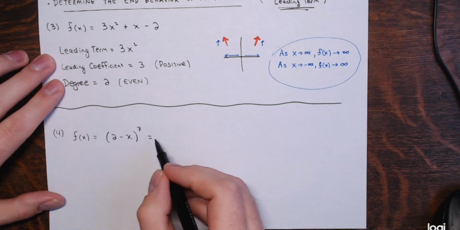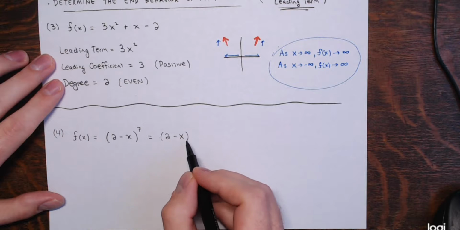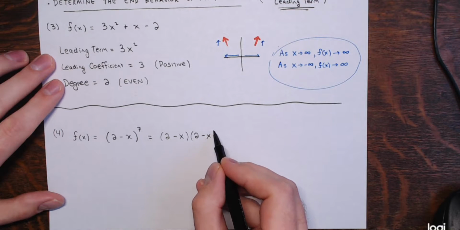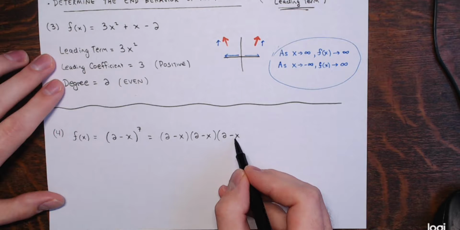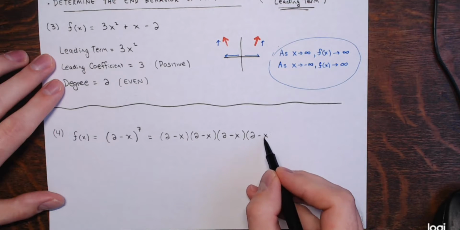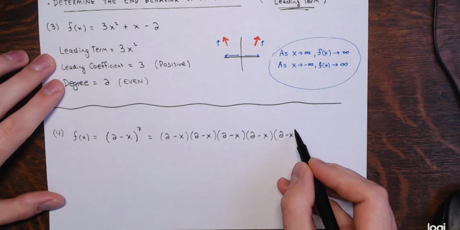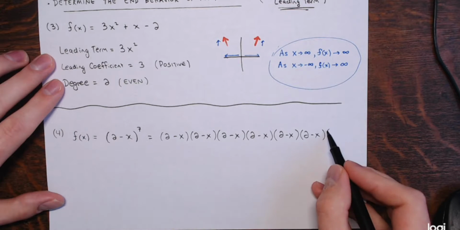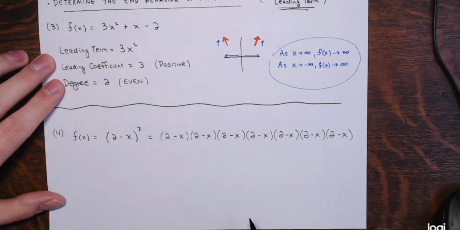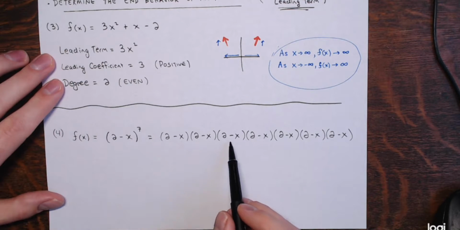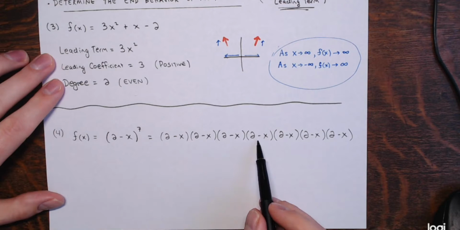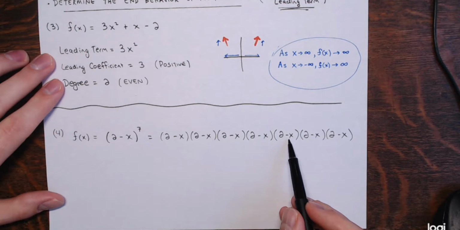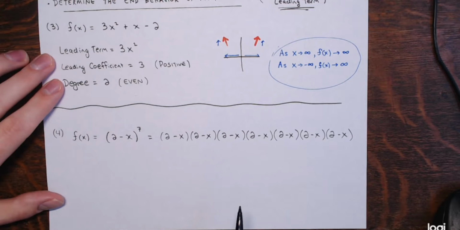That's 2 minus x times 2 minus x times 2 minus x times 2 minus x times 2 minus x times 2 minus x, and what is that, 6? And then one more, times 2 minus x. Yikes, right? I'd multiply these two, and then multiply that result by this, and then by this, and then by this, and then by this. I mean, that would take a really long time.